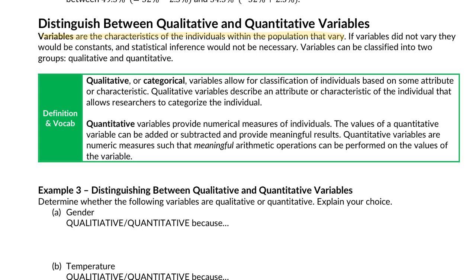Variables can be classified into two groups, qualitative and quantitative. Have y'all heard those words before? Qualitative variables, or categorical variables, allow classification of individuals based on some attribute or characteristic.